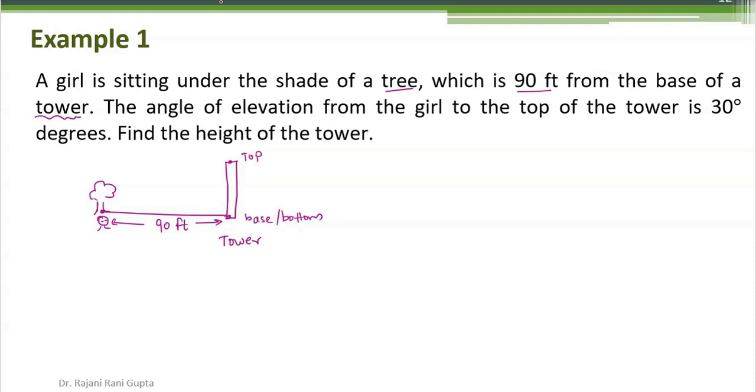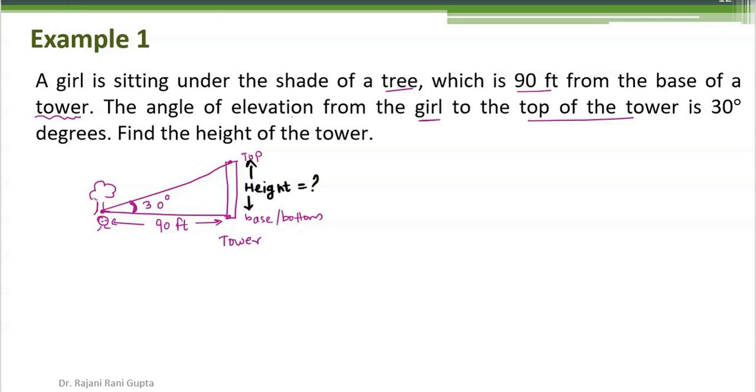So the angle of elevation from the girl to the top of the tower is given as 30 degrees. Now what do they want? Find the height of the tower. Height means how tall the tower is.